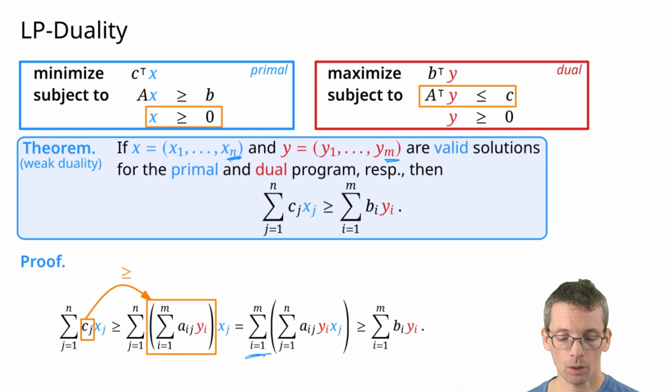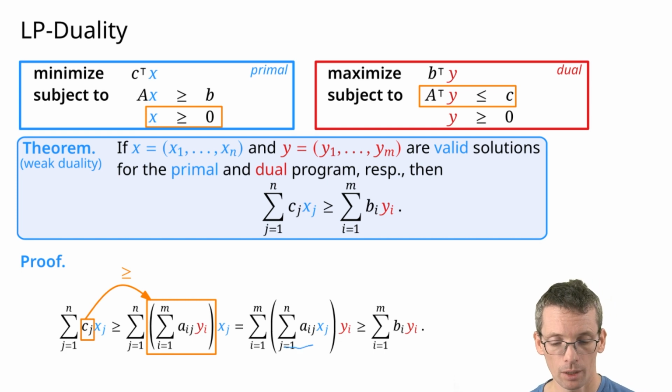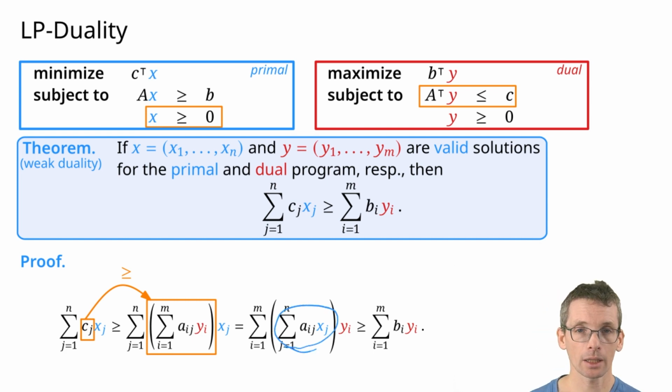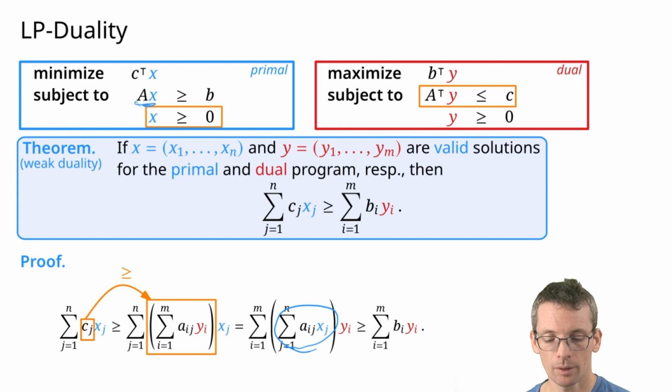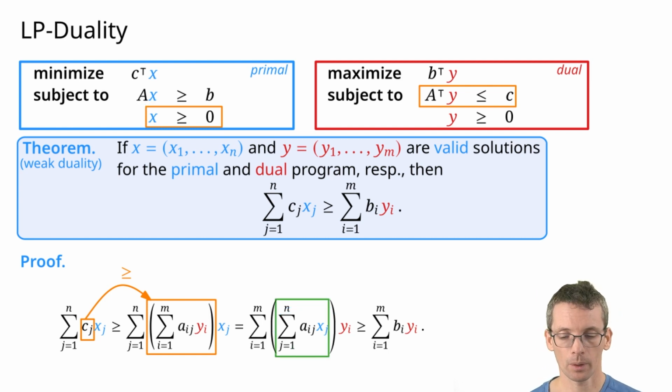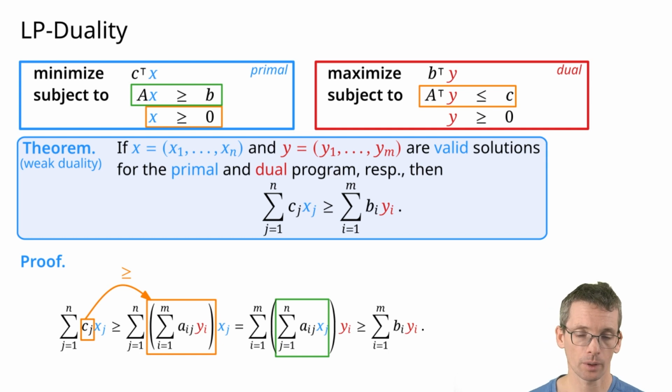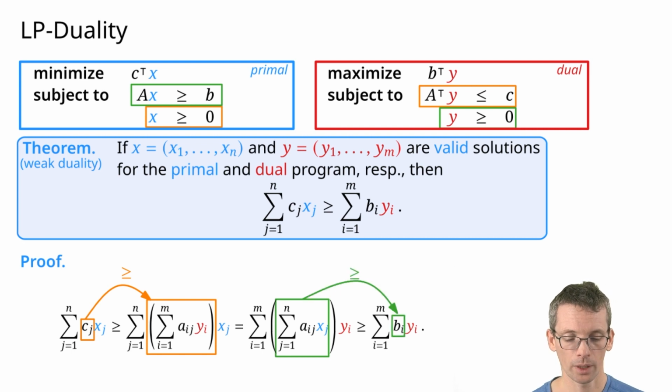Okay, so we rearrange these sums, again change simply the bracketing, and what we have now here is a times x, which we also have here. And therefore we can again replace it by b because we have that constraint, or we can upper bound it. And then because y is also non-negative, we get the bound that we wanted to get. So this is weak duality.